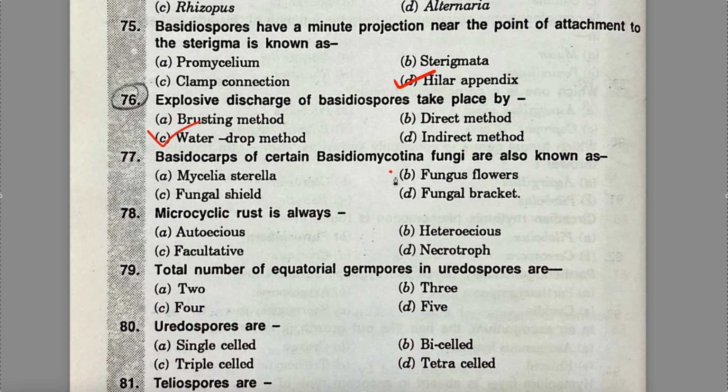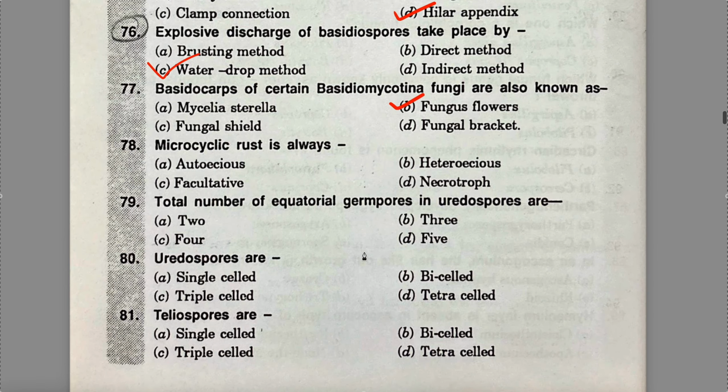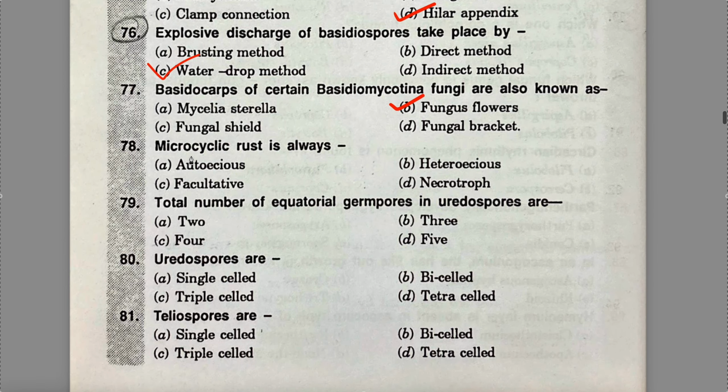Answer is option B. 78. Microcyclic rust is always autoecious, heteroecious, facultative or necrotroph. Which one? Answer is facultative.